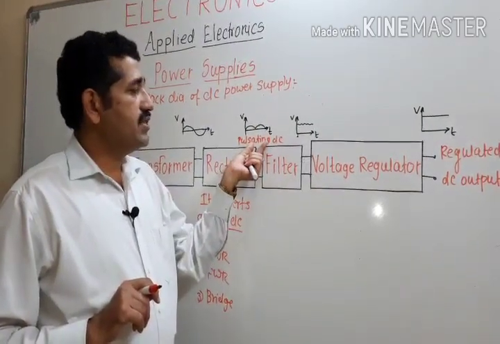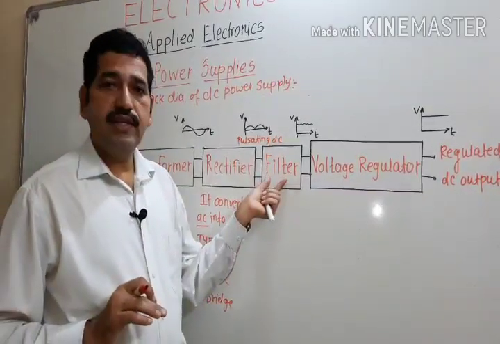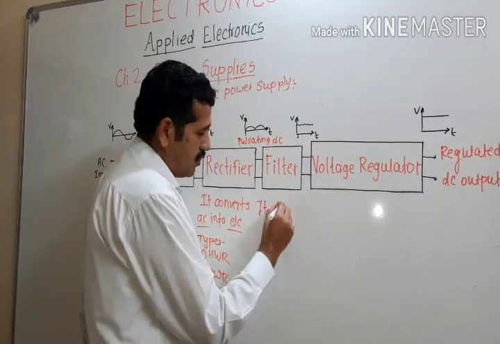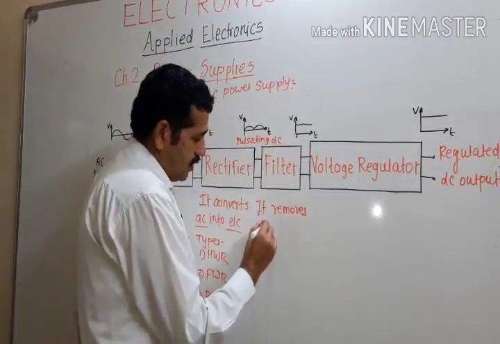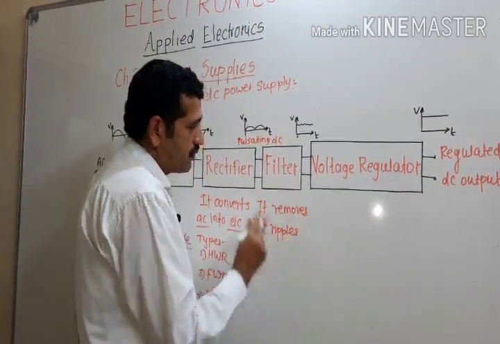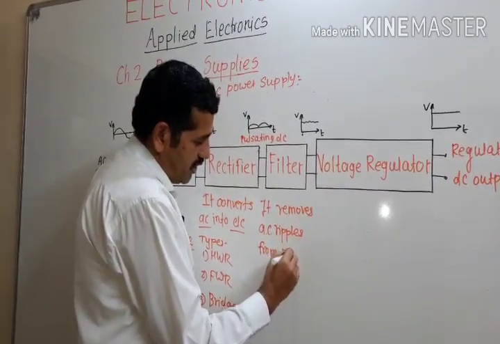Now these AC ripples have to be removed. A filter is used. So the filter removes AC ripples from the rectified output.